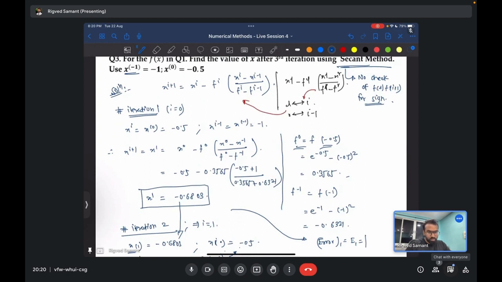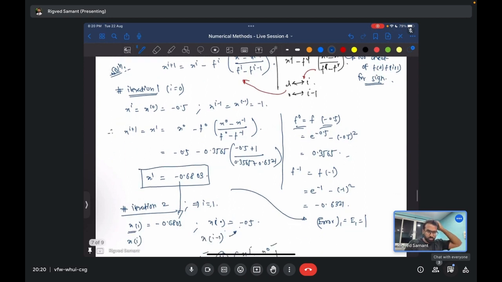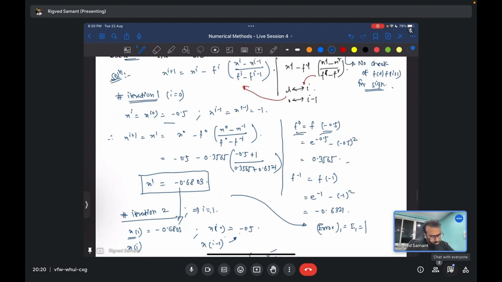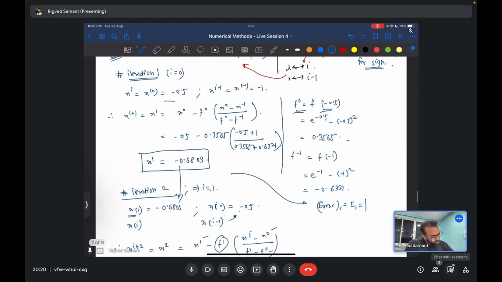I. So this one you will consider minus 0.5 minus 0.6803, 0.18031. This is your error.